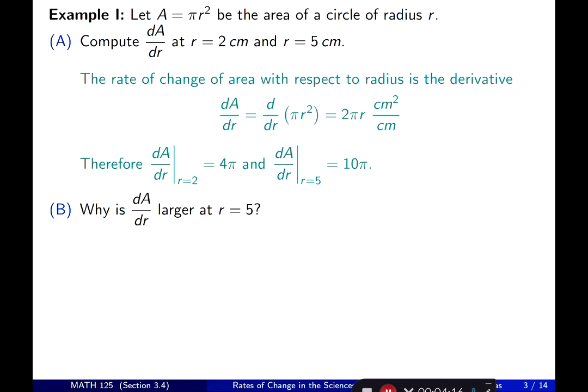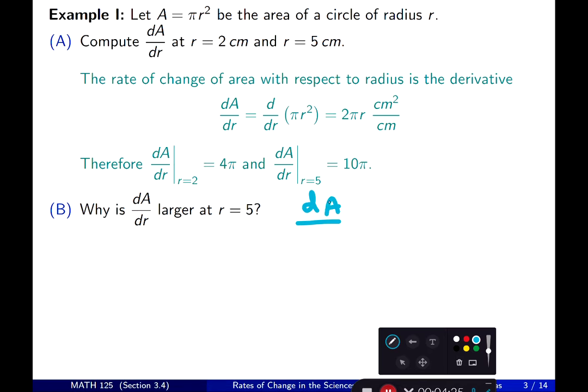So I can write dA dr as the limit as delta r goes to 0 of delta A over delta r.